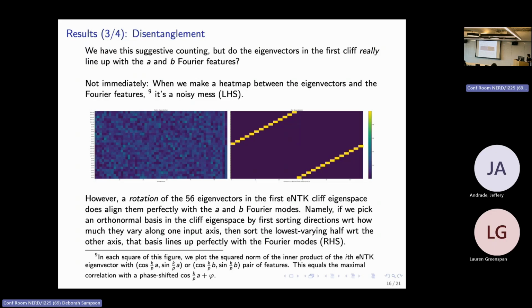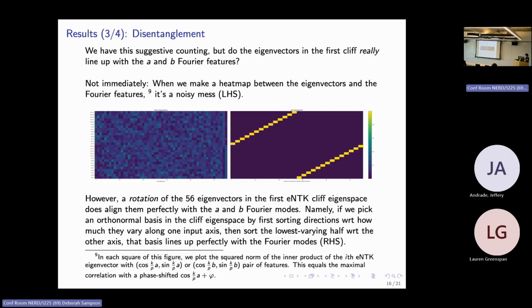But one can show that if you take the 56 eigenvectors in this cliff and rotate them, you can get a rotation that lines up precisely with the A and B Fourier modes. Namely, if you pick an orthonormal basis in the cliff eigenspace by first sorting the directions with respect to how much they vary along one input axis, then sort the lowest varying half with respect to the other, that basis lines up perfectly with the Fourier modes.